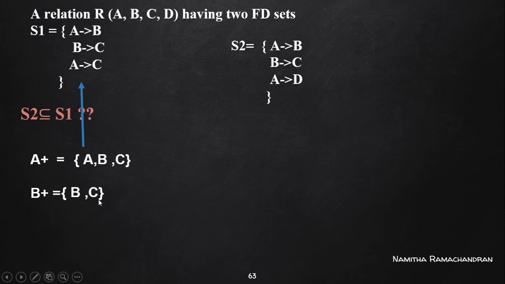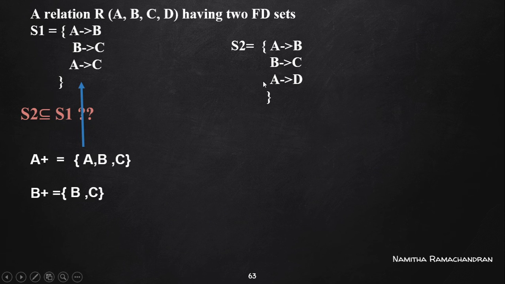Nothing more is possible. Now go to the dependencies of our subset S2. First one is A implies B. The LHS part is A, so move to A closure. Here the presence of B indicates A implies B of our S2 can be derived properly with the dependencies of S1.